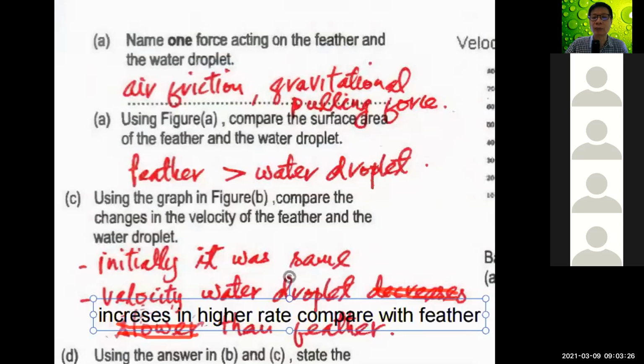Joel said no already. Joel says the water increases more. Yes, correct. Joel, you are right. Actually, the water velocity increases faster, increases more compared to the feather, right? So we say velocity of water droplet increases at a higher rate compared to the velocity of the feather.